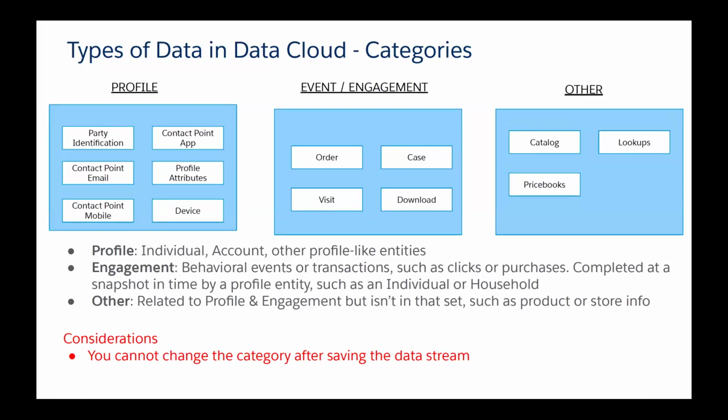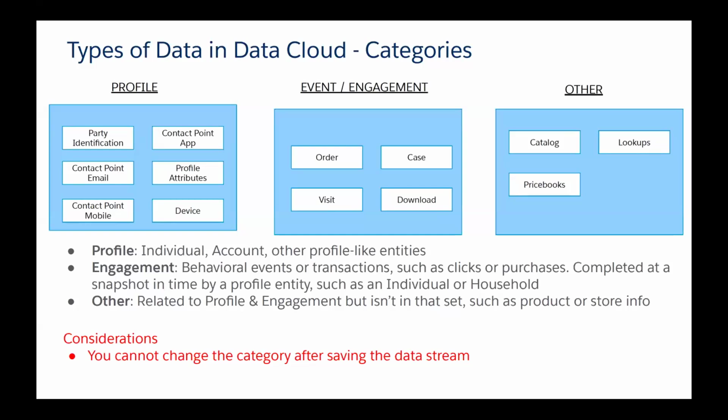So when you create a data stream in the platform, at that point you must select a category or type of data used by that data stream. And that can be one of three things, as we see here. It can be profile, engagement, or other. And correct category assignment is important as it cannot be changed after the data stream is created. So it becomes very hard to undo.